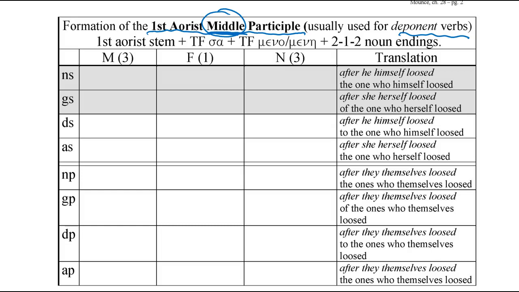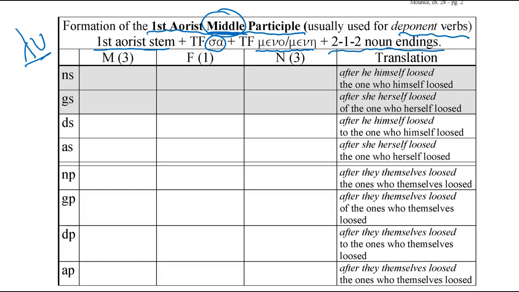So how do you form the first aorist middle participle? Well, this one's easier than the active form. You take the first aorist stem, which is basically a verbal root. So we'll take lu. You add the tense formative sa to tell that it's aorist. You add the formative meno or mene to show that it's middle. And you add the 2-1-2 noun endings.